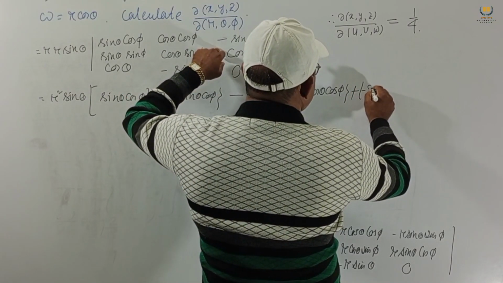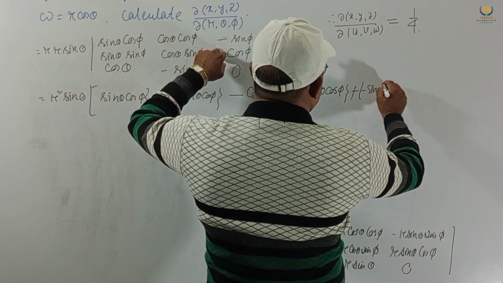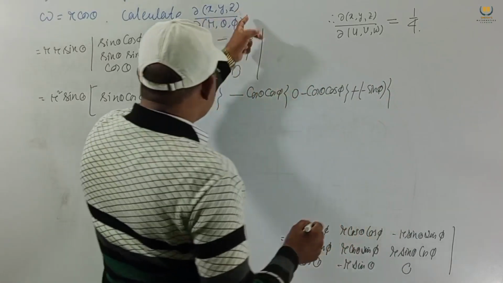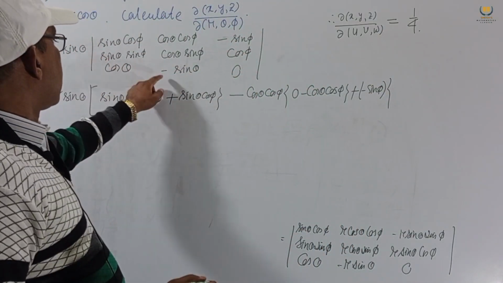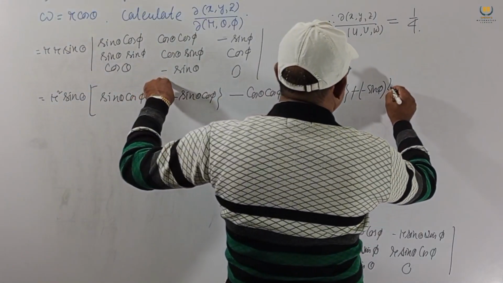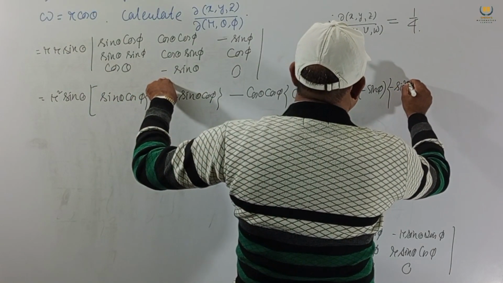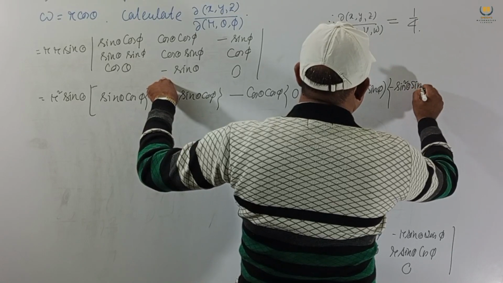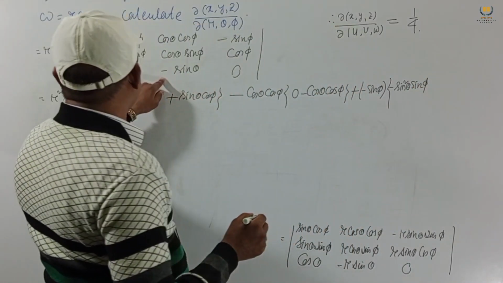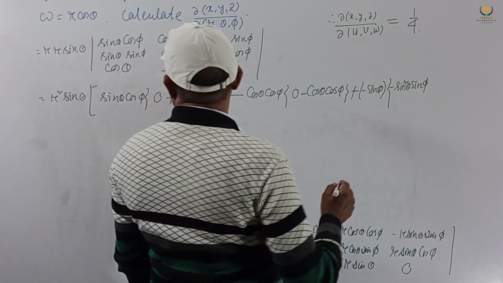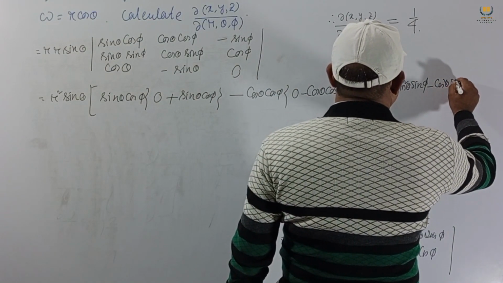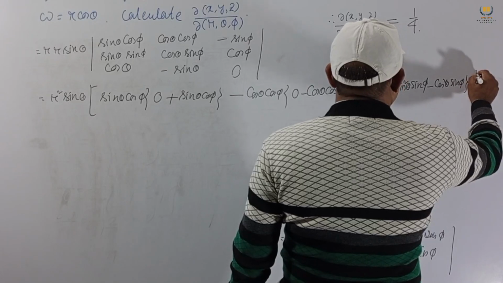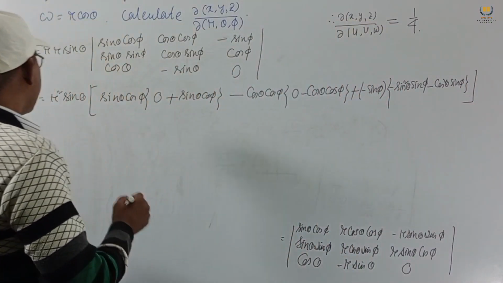Taking minus sin phi, this cancels, this into this minus this into this, so minus sin square theta sin phi minus cos square theta sin phi. We get this one.